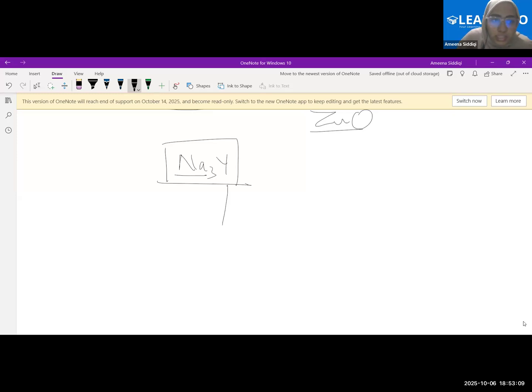So for this compound, the oxidation number for sodium will be plus 3. Why? For one sodium atom it is plus 1. How many atoms are there? 3. Can I say it is plus 3? Yes. Not really much needed, but just in some case. Any confusion?